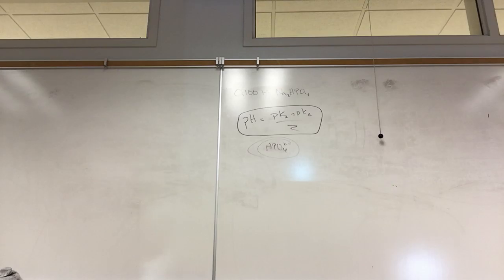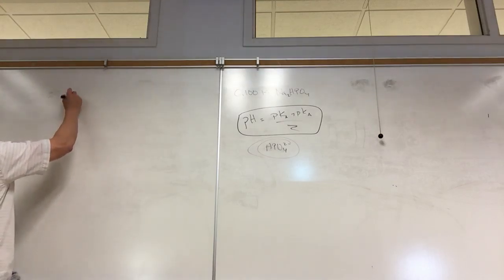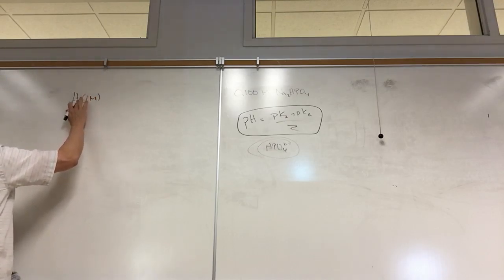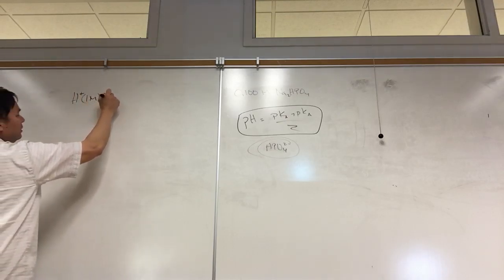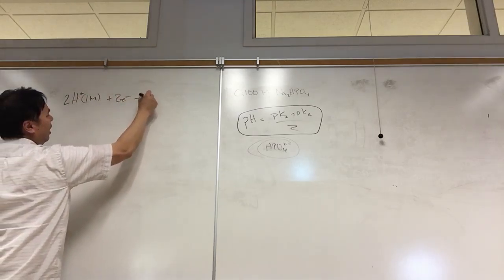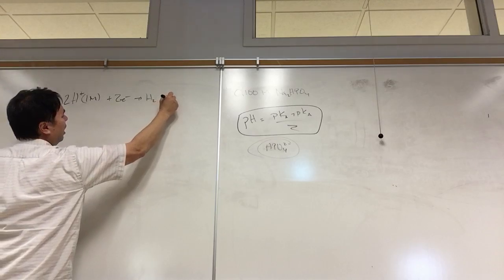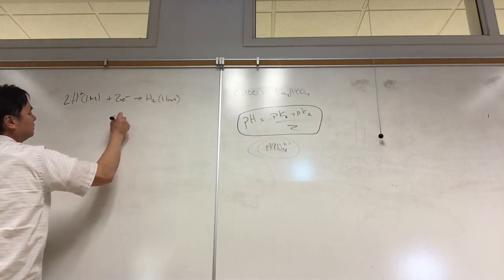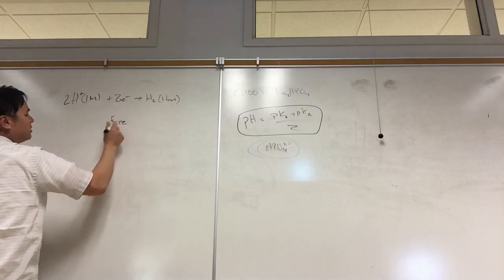There's different ways of looking at that particular problem. And so let's take a look at one way of looking at it. What is E for this one? Is this a reduction or oxidation?